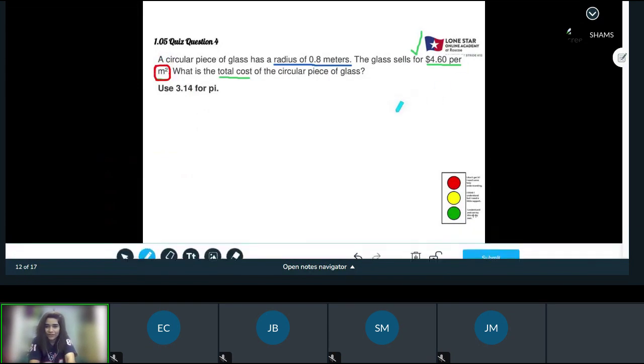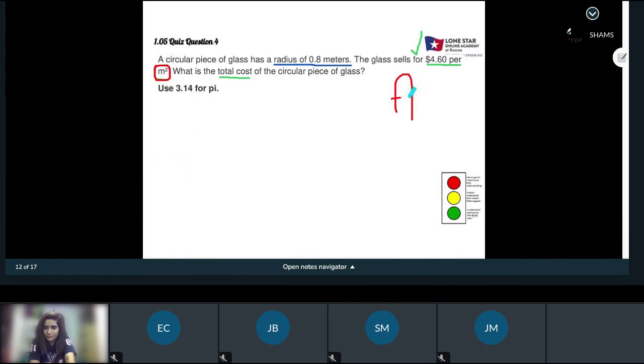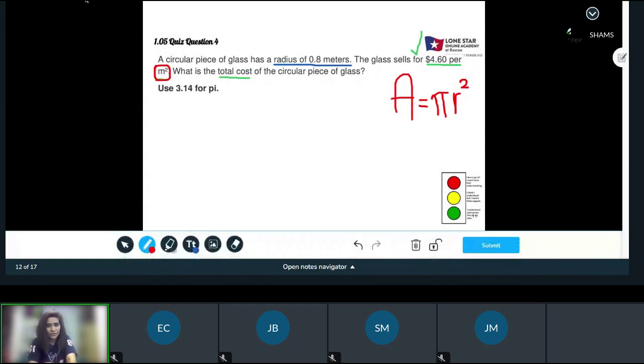So you want to find area of the circular glass piece by doing pi times radius squared. Right? Go ahead, try it out and show me how much is the area. And then I'm going to give you some feedback.